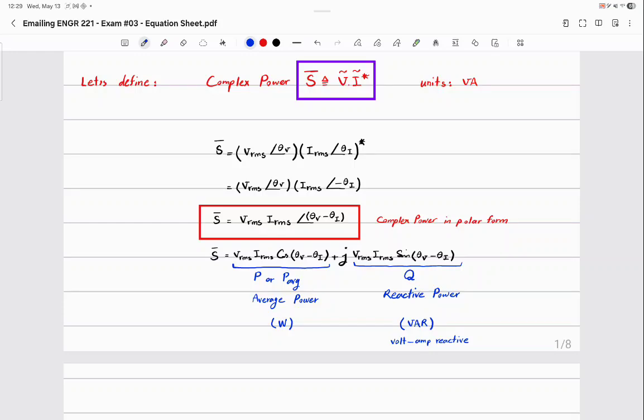So the reactive part is just some description. And volt amp, do you agree that volt amp is the same as watt? So why do we write it as volt amps, not watts? For the same reason we write radian per second. You know that radian per second unit-wise is exactly the same as 1 per second. But we write it as radian per second for what?